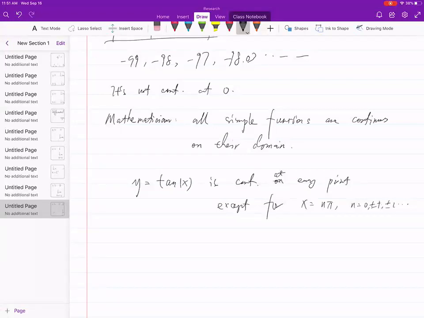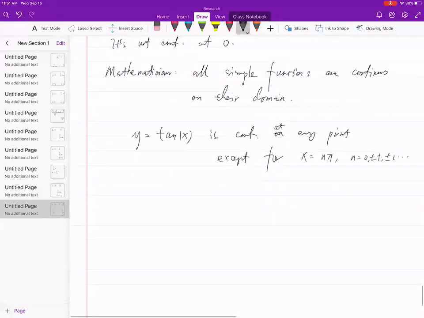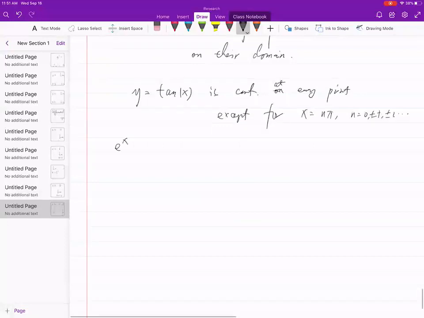Okay, so for now, any simple function, go ahead and try to say it's continuous. Then later, go ahead and try to say nothing has a derivative. Okay? Again, what about this one? What do you think? Is it a simple function?